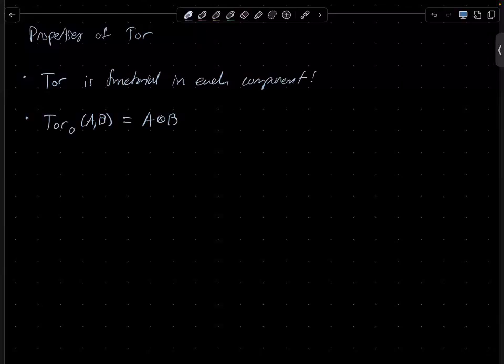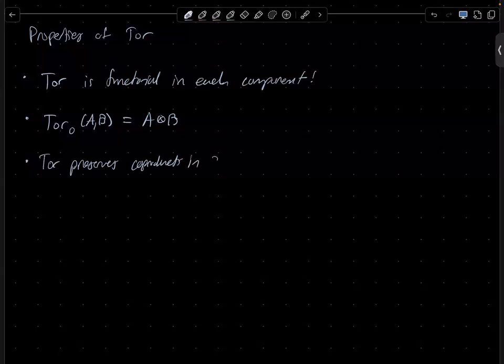Nice. Tor preserves coproducts in a particular way, and here is where the commutativity of the actual ring comes into play. So Tor preserves coproducts in the second variable.